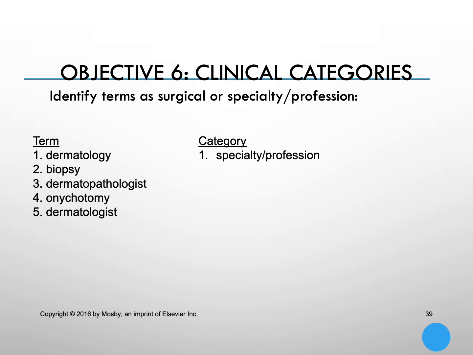What about biopsy? Is that surgical, or is that a specialty / profession? If you said surgical, you would be correct. What about dermatopathologist? Surgical or specialty / profession? If you told yourself specialty / profession, you would be right.